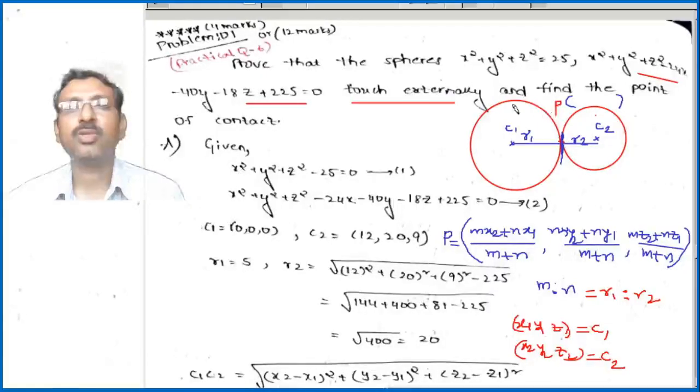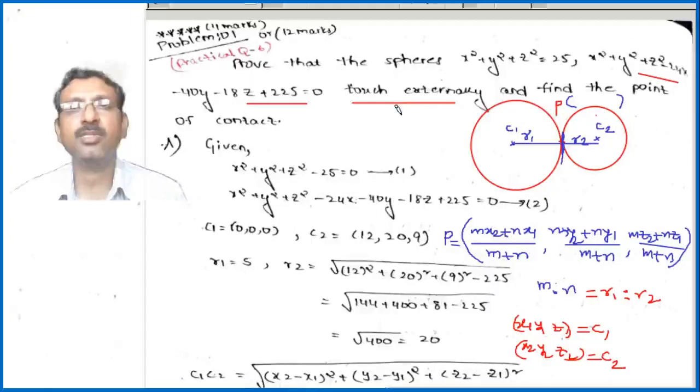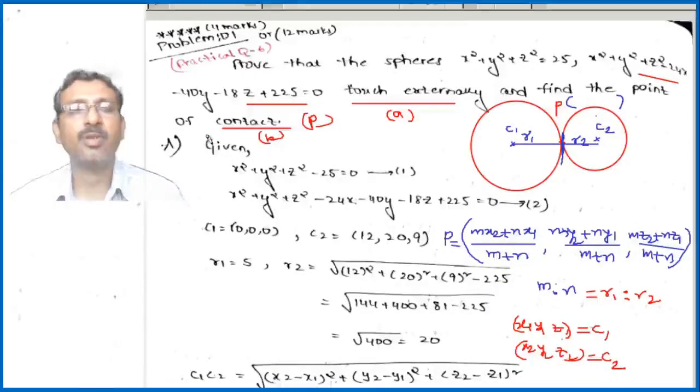Show that they touch externally, this is sub question A, and also find the point of contact P, this is sub question B. We start with A.